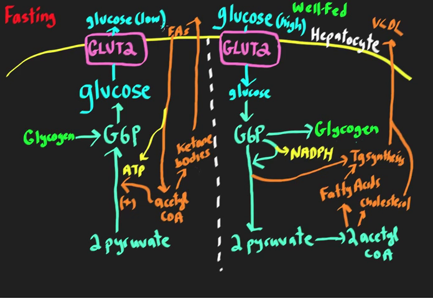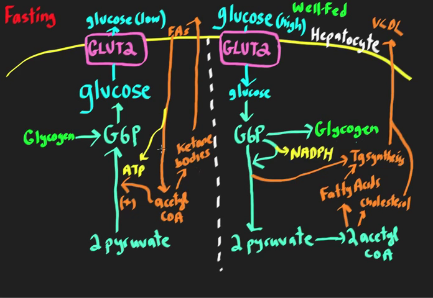And I just want to point your attention again, and we'll go into more detail when we have a lecture on fatty acids. But you can see here we have fatty acids that are coming from fatty acid release from adipose cells, taken up by the liver, oxidized. You have acetyl-CoA, which can be made into ketone bodies, which is important later on in the fast.